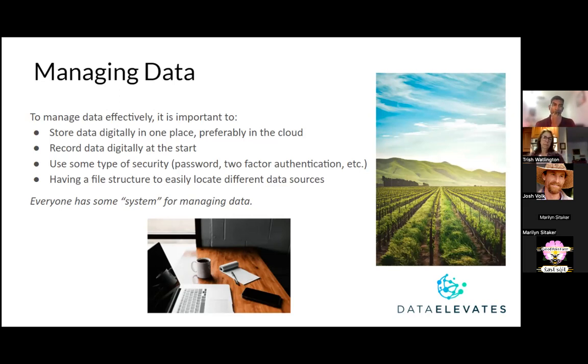The reason it's useful to potentially store on the cloud, not necessary, but useful, is for several reasons. Say you had it just on your laptop, and it broke. You might not be able to get that information back. There's a level of protection if you're storing in the cloud, and it's more accessible.